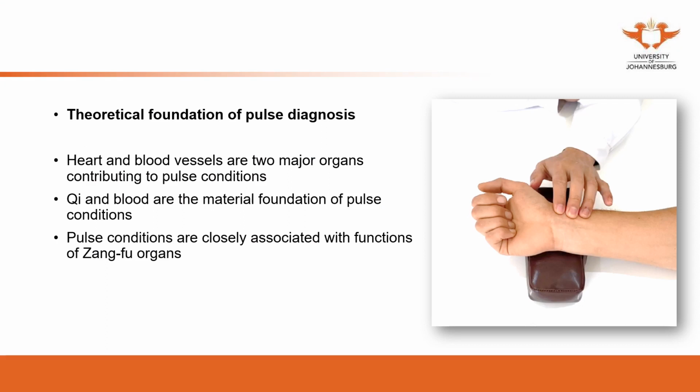The practitioner uses 3 fingers to put close to the wrist of the patient, and tries to gather information from the feeling under the fingers. In a very typical condition, you can see from the movies or some videos in the past, a practitioner feels a lady's pulse, and after a few minutes, the practitioner will tell the patient that congratulations, you are pregnant.